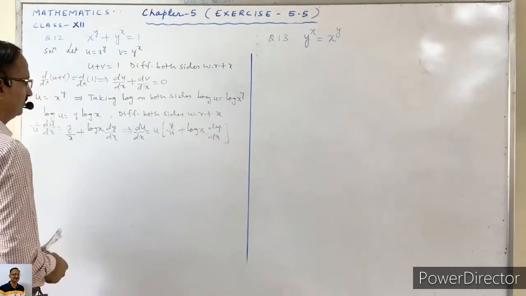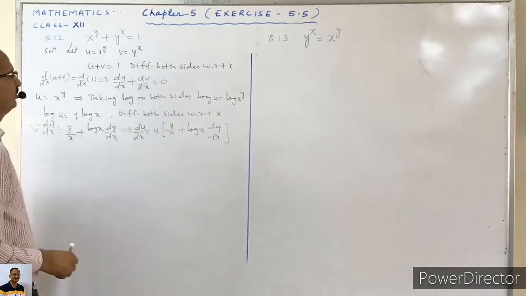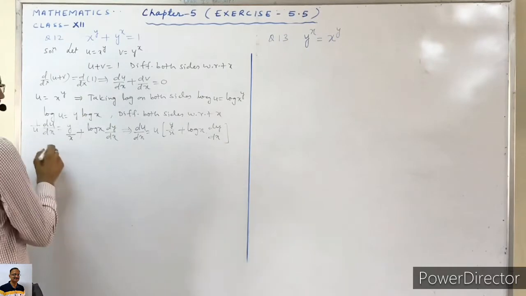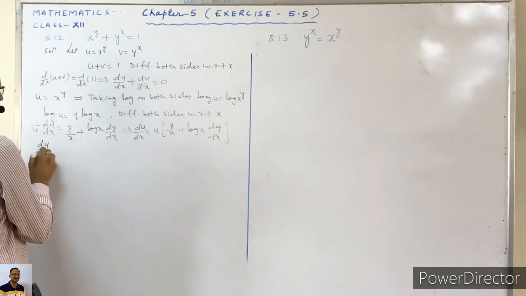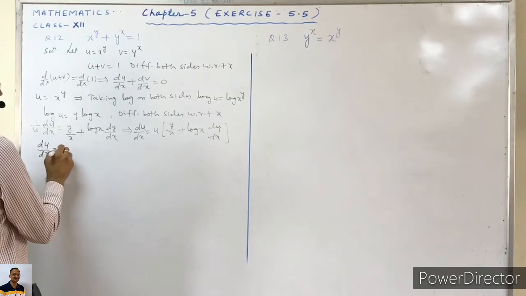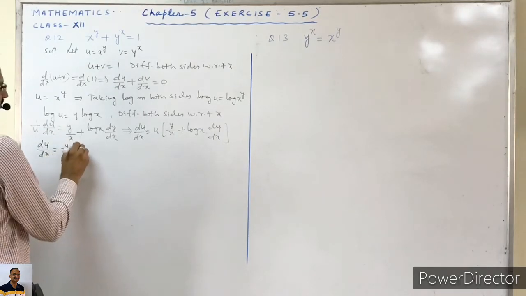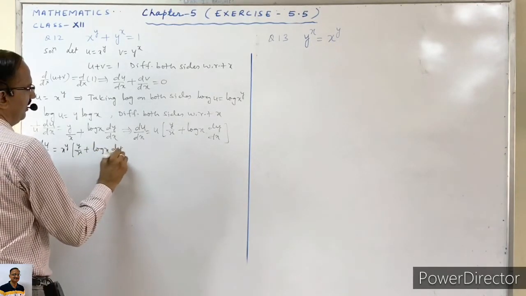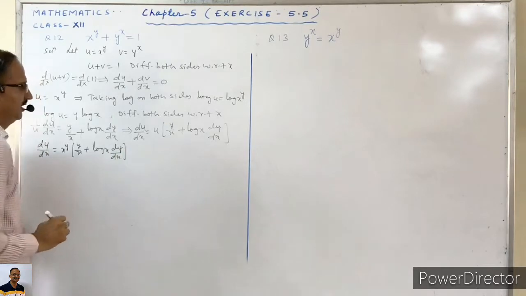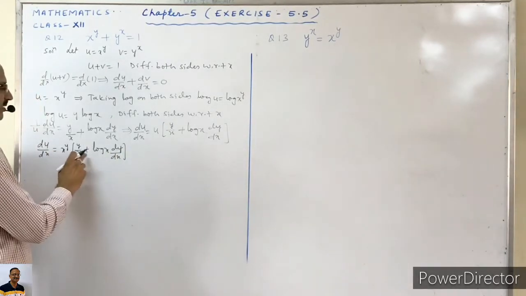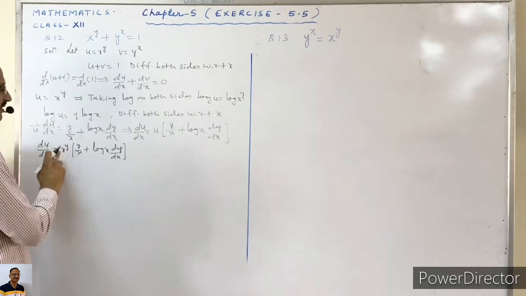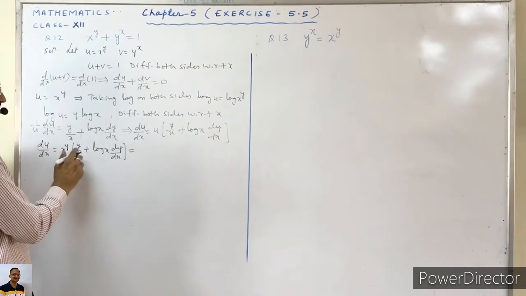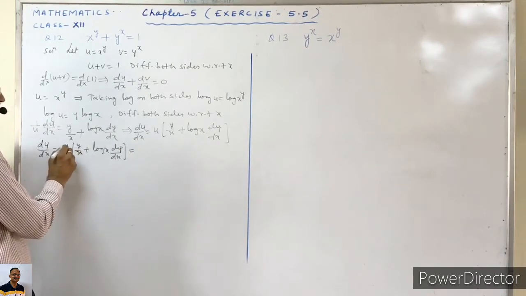Now we will put the value of u, and u is x raised to power y. So finally du by dx is x raised to power y, y by x plus log x and dy by dx. Now when we multiply both the terms by this x raised to power y, then look, this is x raised to power y.